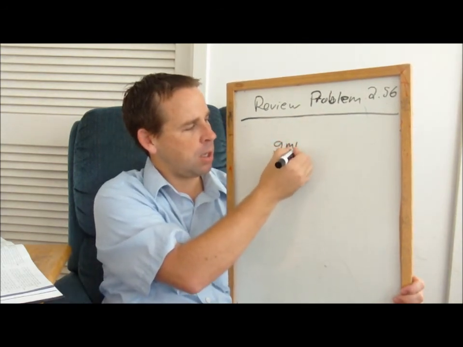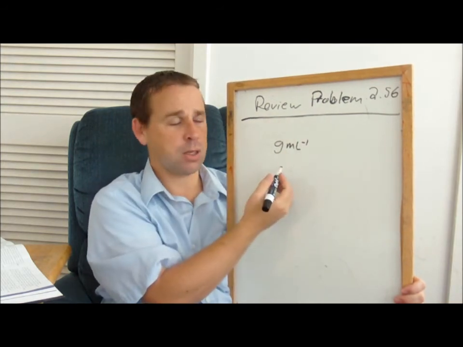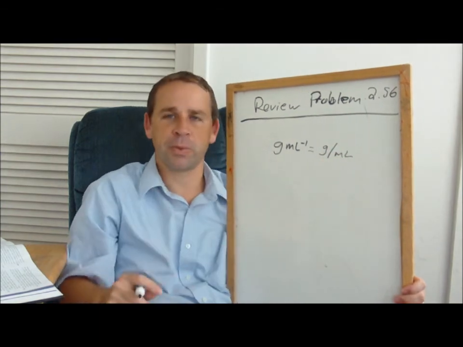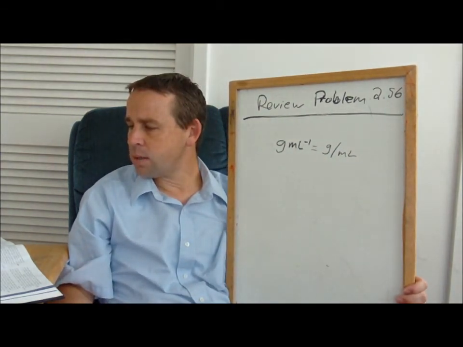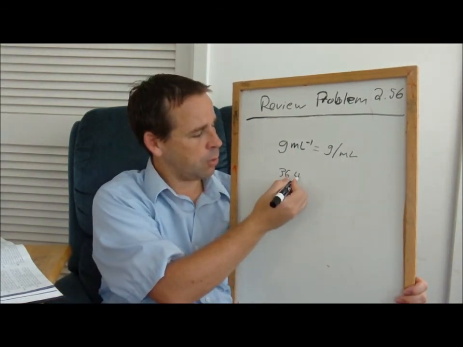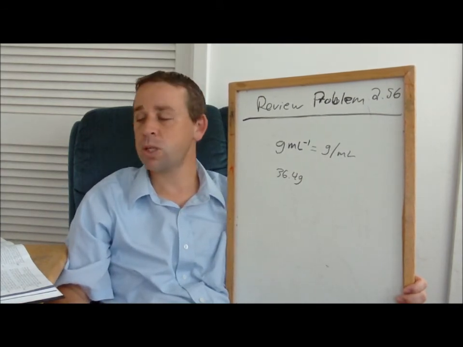That ml to the minus 1 means it's moved down to the denominator. So that's the same as saying grams per milliliter, right? Okay, so the mass is 36.4 grams, and the milliliters are 45.6, right?